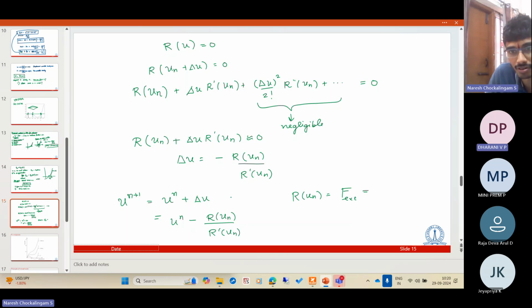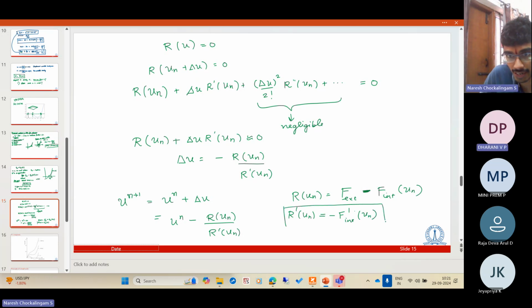R of u is F external minus F internal, which is a function of un here. What is r dash of un? Minus f internal dash of un.